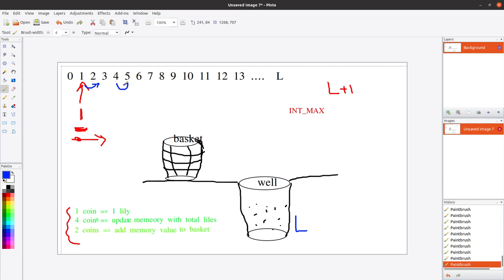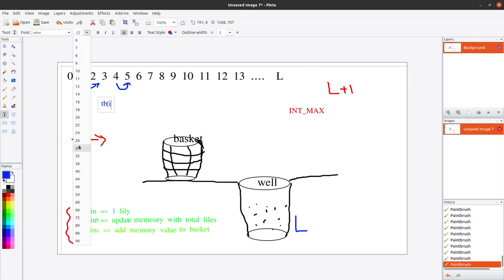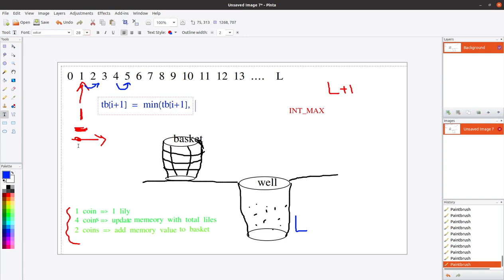So at 4 we will update the value at 5, and the formula will be TB of I plus 1 equals the minimum of the value stored at I plus 1 versus 1 plus TB of I. So this is because we spent 1 coin, so 1 plus the value stored at I, and we compare the minimum and we update this value in I plus 1. So this is the first action we can do.